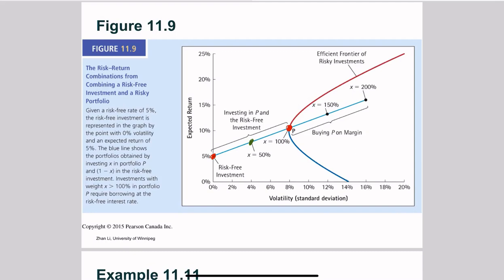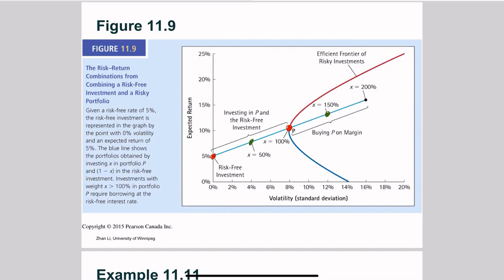Now, let's say you really want to take some risk. So what you're going to do here is buy stock P on margin, right? Let's look at this case.